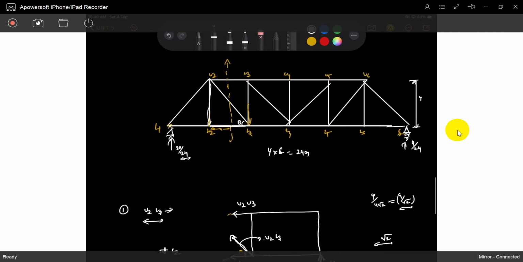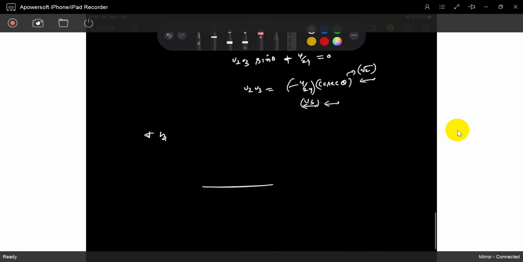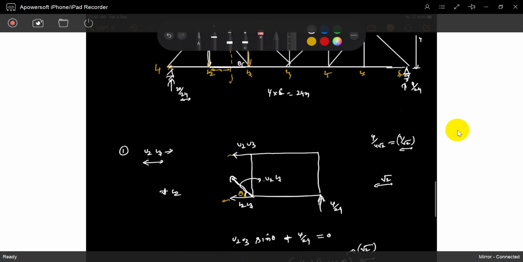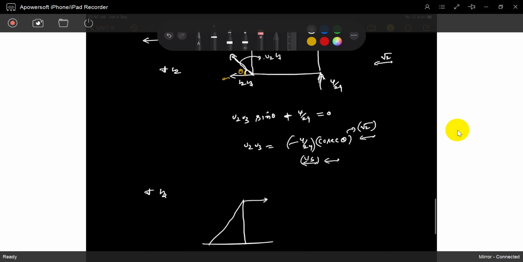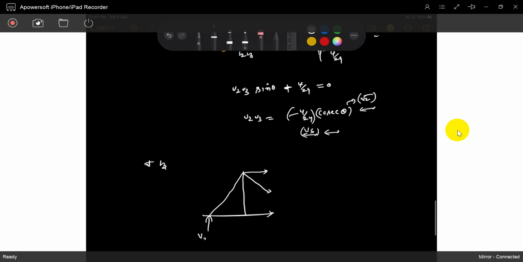Write down the cut. That's it. So this is VA, or otherwise what is the value?